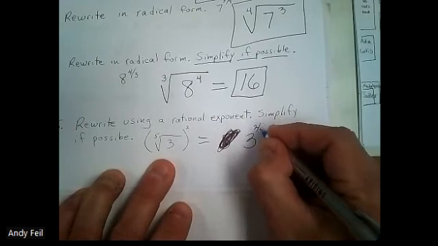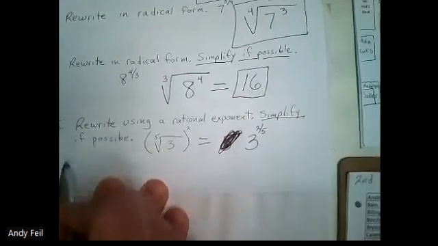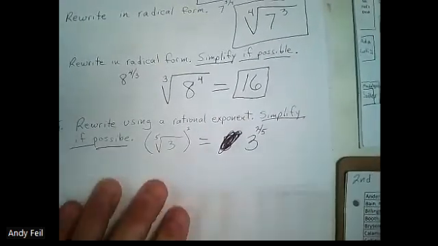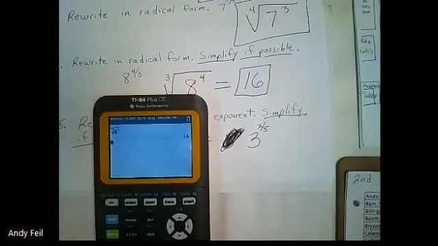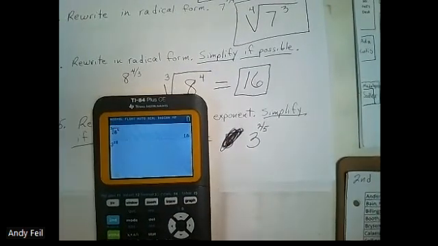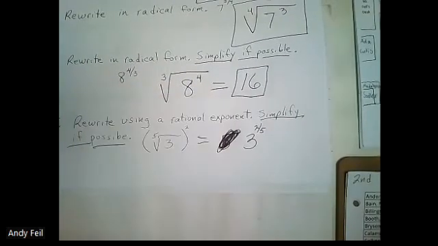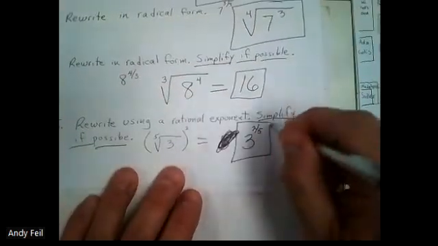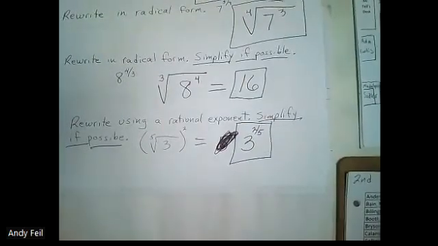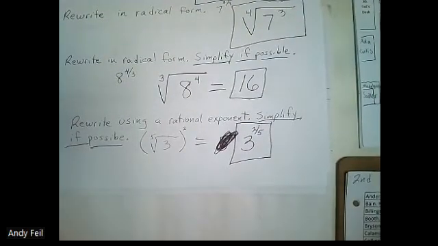It's 2 over 5. Now, here are these yucky words again. Simplify if possible. 3 raised to the 2/5. I'm going to say no. So there's your answer. It says simplify if possible. It wasn't possible, so we just left it like that.